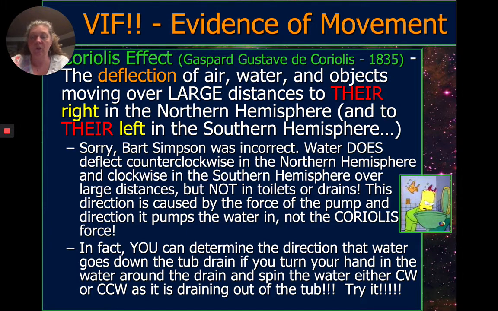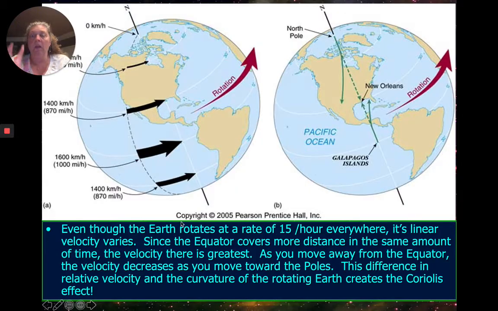Okay, so here's how it works. No matter where you're standing on Earth, if you're at the North Pole, in the Arctic, in mid-latitudes, close to the equator, or on the equator, every single person, every single place is rotating at an angular velocity of 15 degrees per hour.